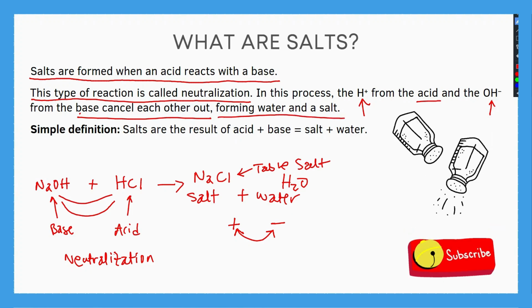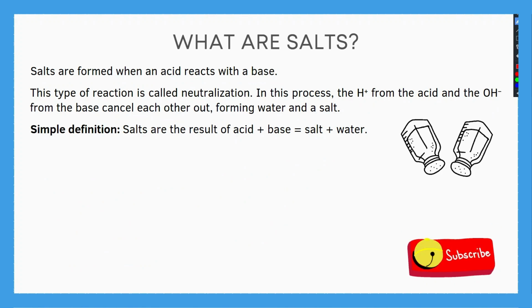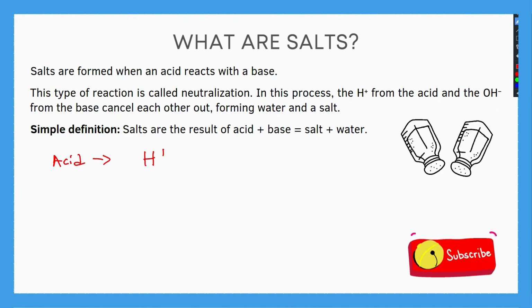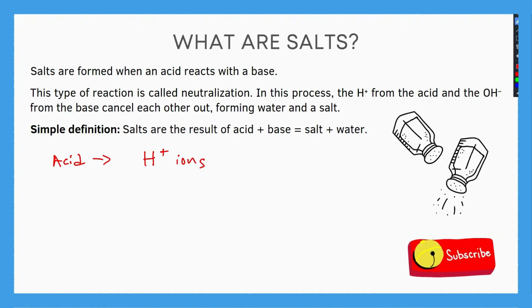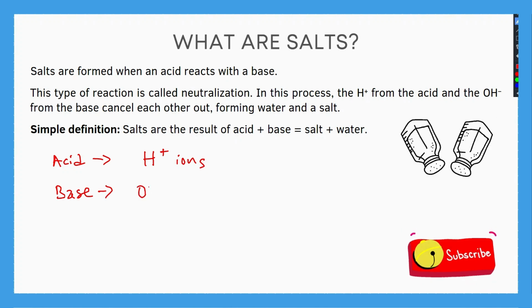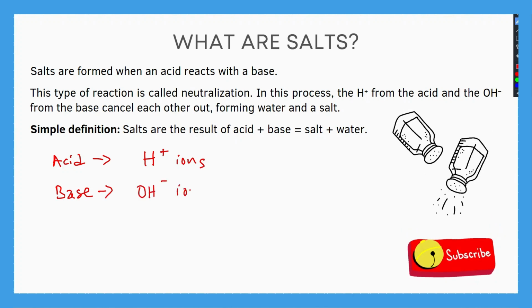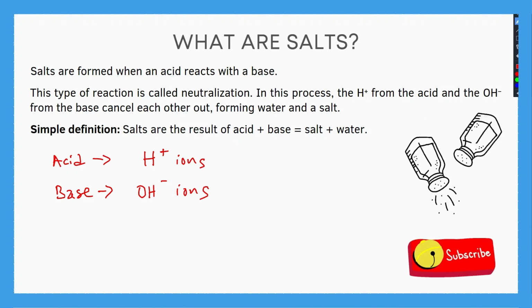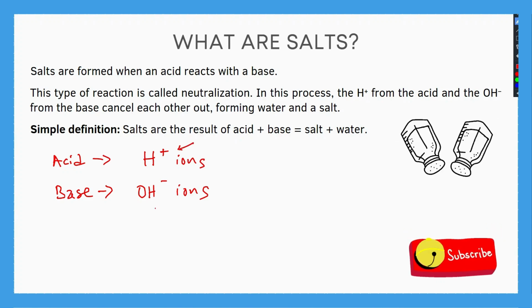Now remember, I said earlier on that an acid, when it is dissolved in water, produces H+ ions, and a base, when it is dissolved in water, produces hydroxide ions. So now, when an acid and a base react, the acid produces H+ and the base produces OH-.